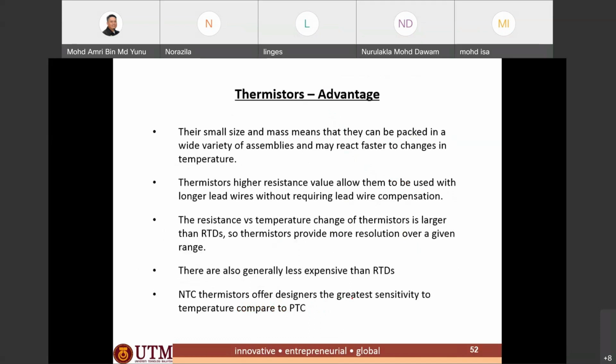The output resistance is high, which means you get better resolution for small temperature changes. This resolution is much higher than RTD, and they are also much cheaper than RTD or even thermocouple.